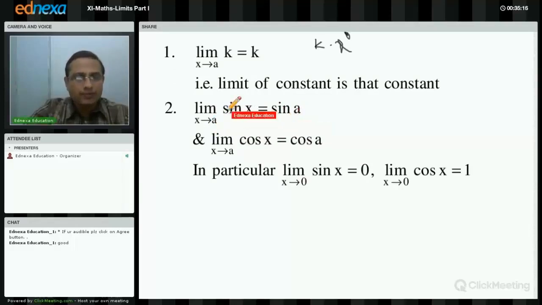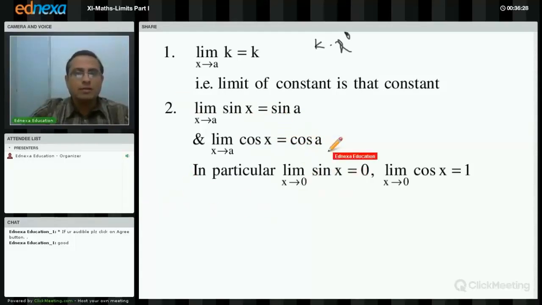I repeat the question. Here I have said that limit of sin x as x tends to a is sin a. Similarly, can I say that limit of tan x as x tends to a equal to tan a? If your answer is yes, you have to justify it. If you say no, still you have to justify. I'll give 1 minute.